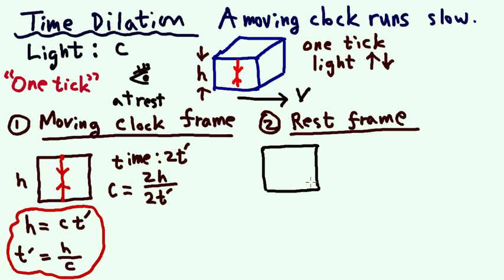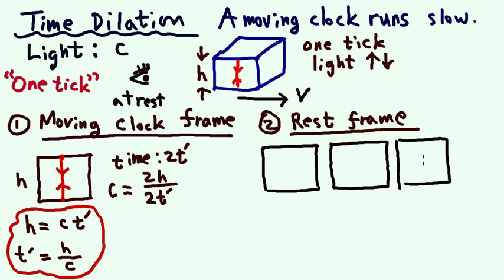So let's say that this is at the beginning of the full tick, and then in half tick, let's say the clock moves by that much, and then in another half tick the clock moves by that much. Well, from here to there, from here to there, it's supposed to be the same distance. My drawing skill is not perfect here. So anyway, we would understand that the light goes from the bottom to top here, and then top to bottom here. So then in our rest frame, how does the light move? Well, clearly it moves like so, and then like so.